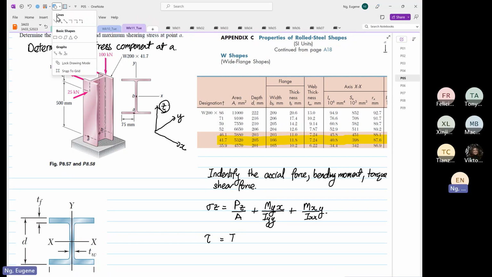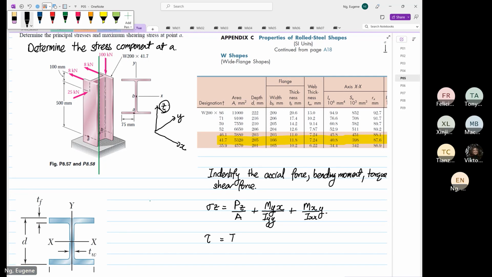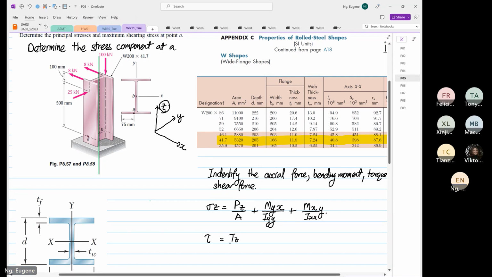For this structure, the centroid will be here. That is where the centroid is. So we know that it will be torque in the z direction over J multiplied by C, which is the furthest distance away from the centroid.